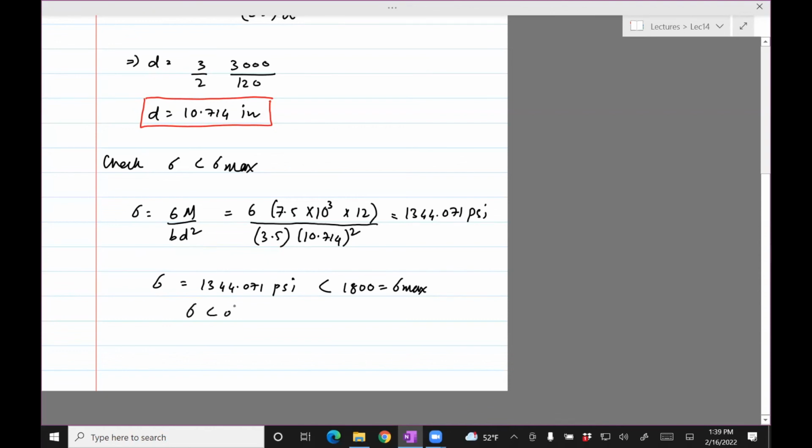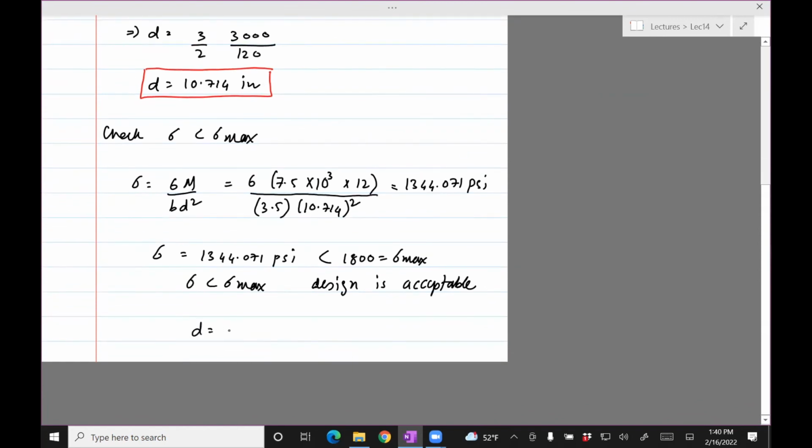So sigma is less than sigma max, so the design is acceptable. So the answer is D is 10.714, the final. Now, we could have saved a lot of time if we had started with this assumption, and then we didn't have to do the other check.